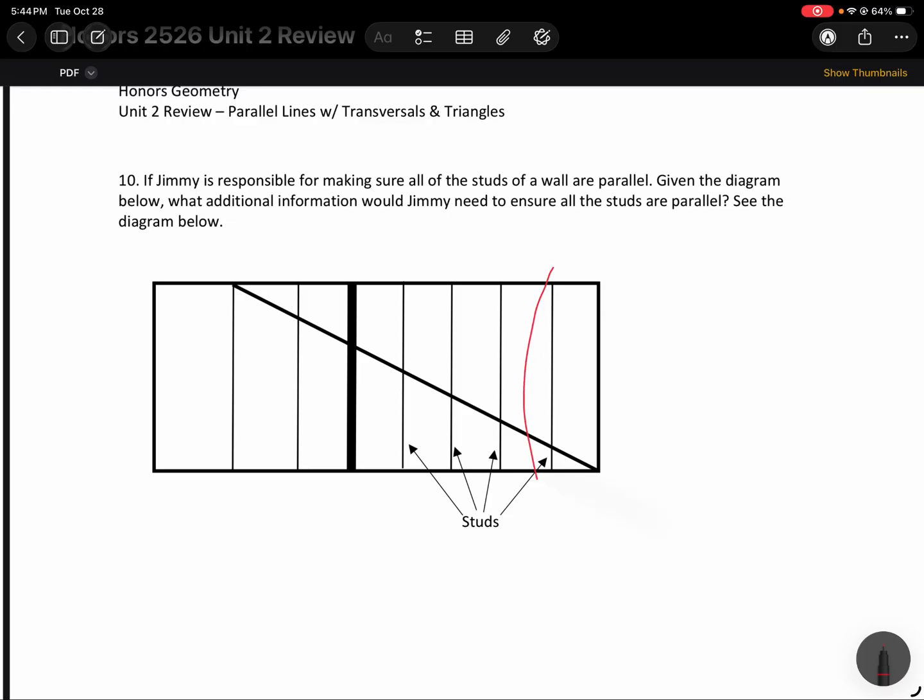We can ensure all of these are parallel by making sure all of these angles are all corresponding. I guess you could use those angles, this angle, this angle. Seems fine to me.